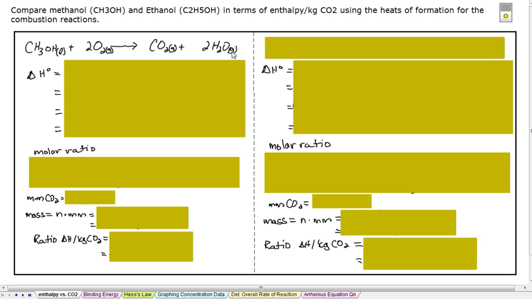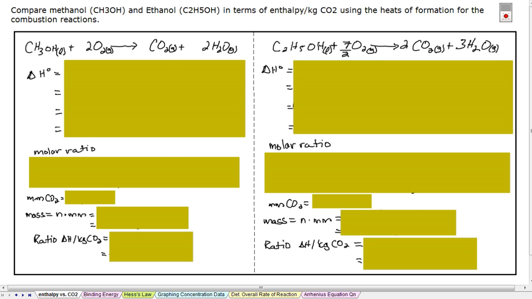It's really important that you realize that the water produced is vapor and not a liquid. It will condense and liquefy later, but in this reaction it's water as a gas. Our other reaction, which we can set up right away, is ethanol reacting to produce the same things.